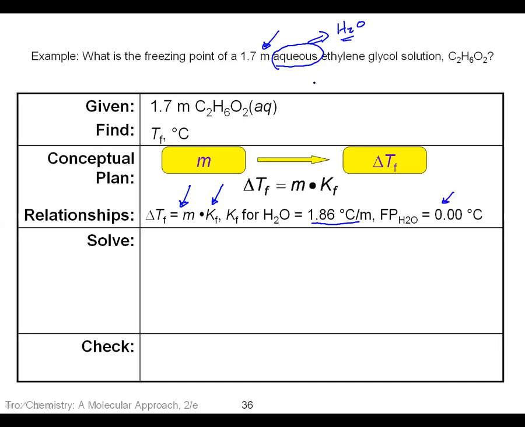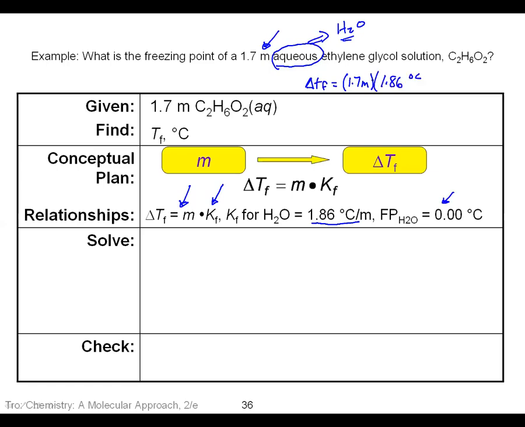That's how we get to those numbers. So we can plug it into this equation. Delta Tf is equal to our m, which was given to us, 1.7, times our Kf, which was 1.86 degrees Celsius per molality.